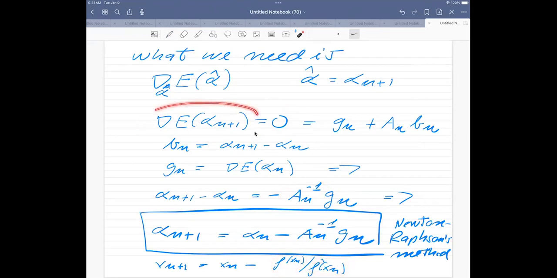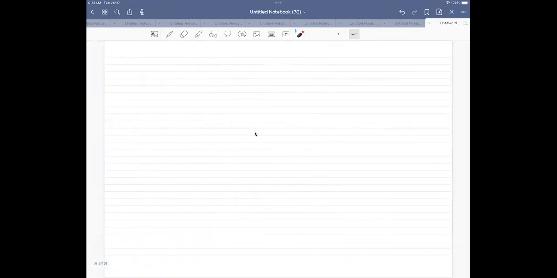But we are actually looking for the roots of the gradient, and that means that we end up with a second derivative here. So this is nothing but Newton's method, which is solved iteratively. And if alpha n plus 1 minus alpha n is smaller than a given value, you stop. So solve iteratively.